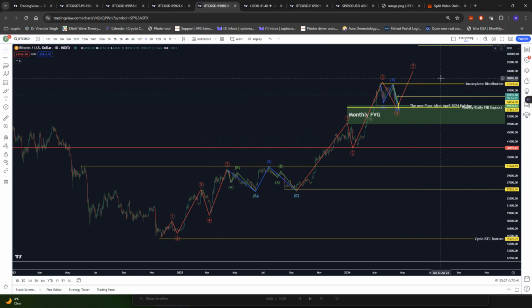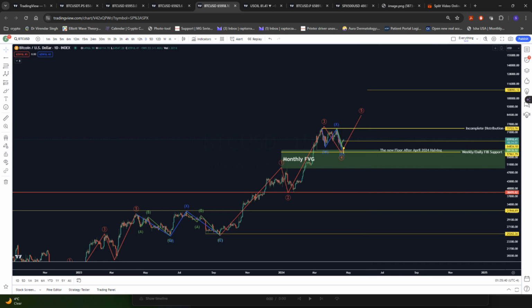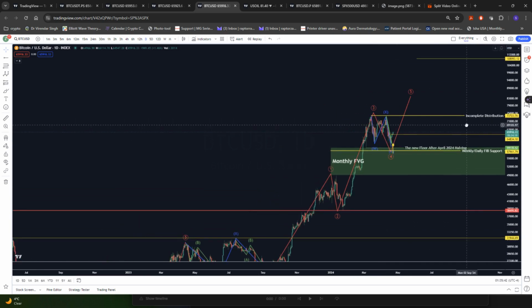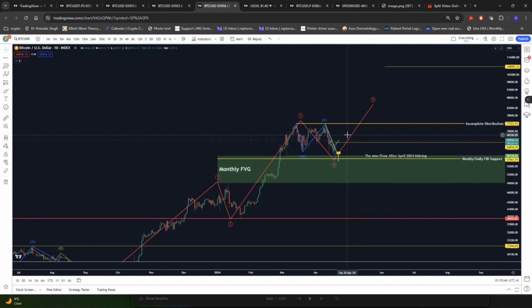But if you move to harmonics, Bob has posted a couple of harmonics that have a PRZ somewhere around 71K. I think it's a Cypher. If we go and hit that Cypher, it's possible that we can come back down in another corrective fashion and then go up.